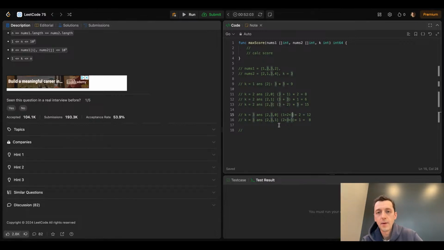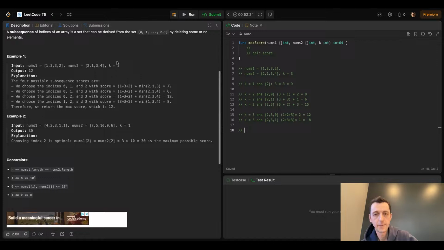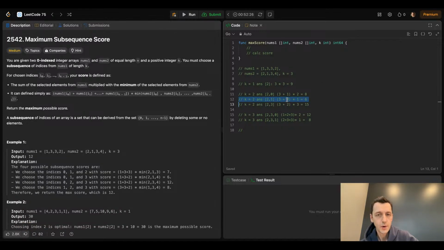I understand the heap, I understand sorting, but I don't see how exactly to use that and get it done. If this works, it's still too much.